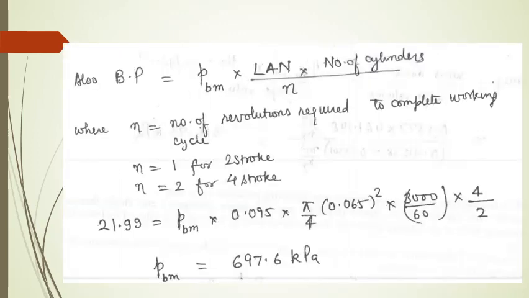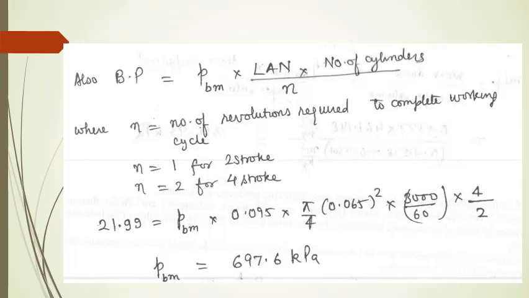Now the brake power can also be expressed by the expression brake mean effective pressure, PBM, into L A N into number of cylinders upon small n, where small n is the number of revolutions required to complete one working cycle. This value of n is equal to 1 for 2 stroke and it has the value of 2 for 4 stroke. L is the stroke length.